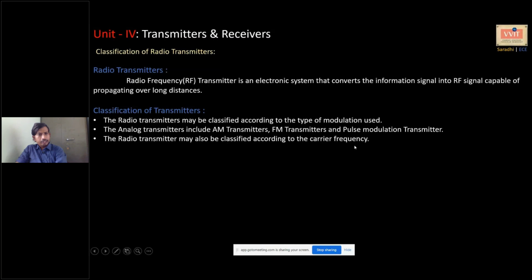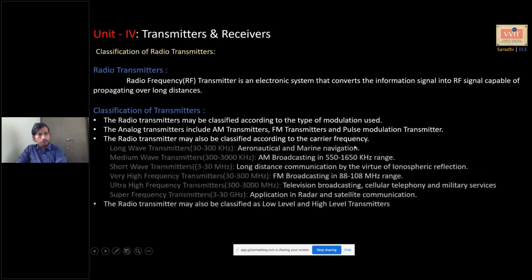What it means is that you can use carriers in any range of frequencies: 30 to 300 kilohertz has one application in one particular area, 300 to 3000 kilohertz is used in AM broadcasting, and 3 to 30 megahertz is used in long distance communication.